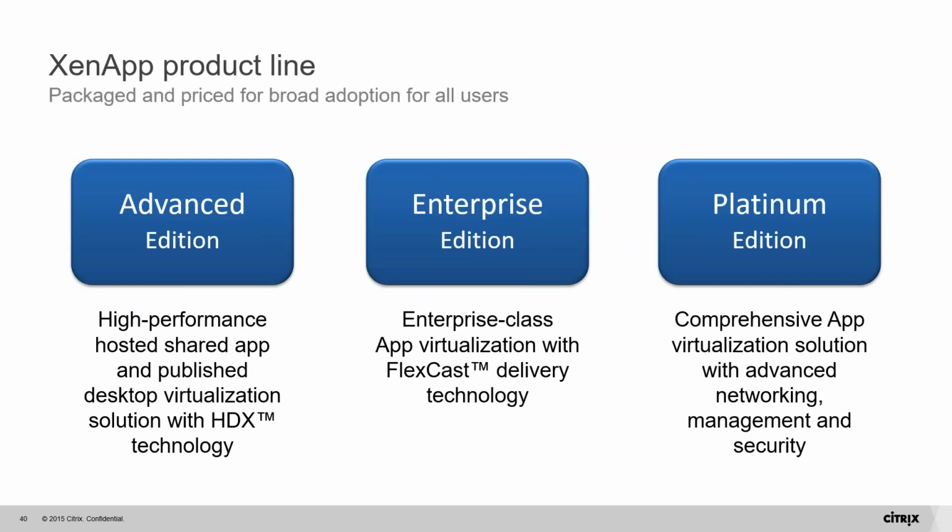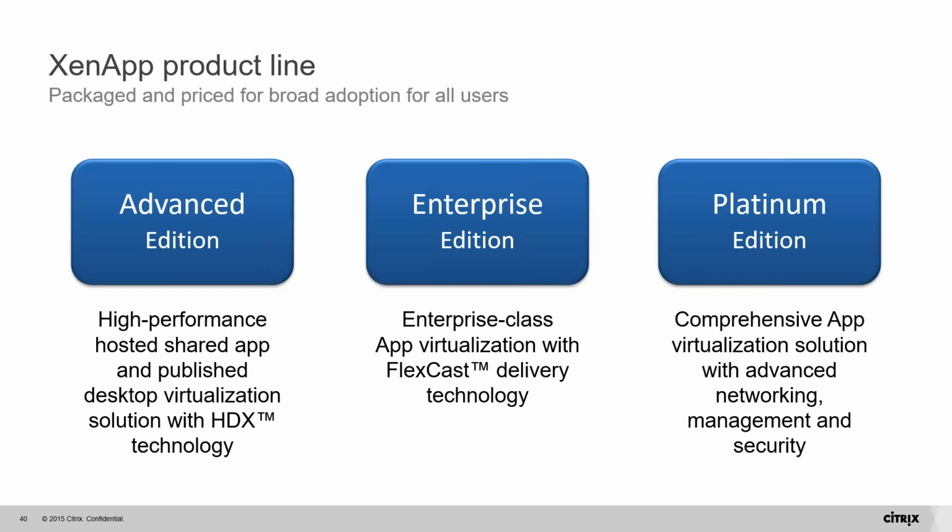So I'll talk a little bit about the editions. On XenApp, we actually just added a new edition, which is called our web browser edition. Citrix has done a lot of research in the environments and looked at what the main use is: some sort of web-based application, whether it's Google Chrome or Firefox or one of the versions of Internet Explorer.